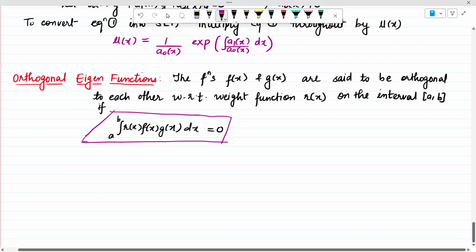Now let's understand the condition when it comes to SLPs.